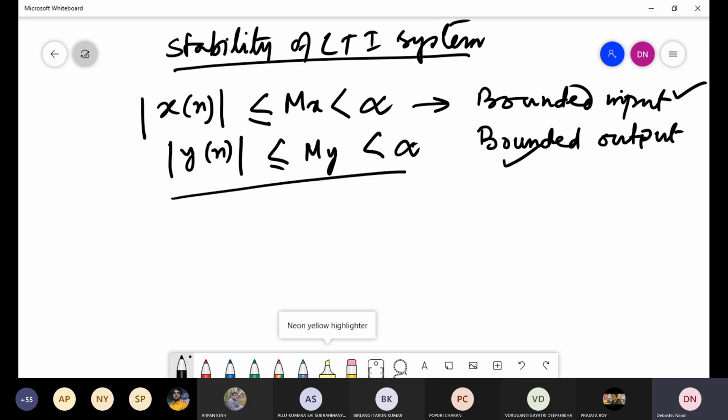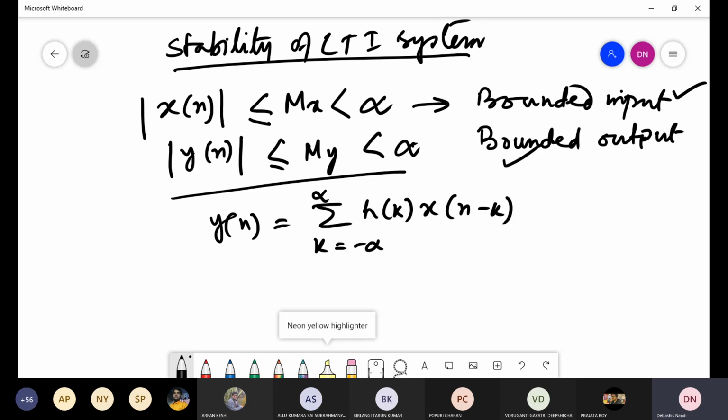Now, based on this criterion, I want to find out the stability criterion for the LTI system. For an LTI system, we know that y of n is equal to summation k equal to minus infinity to plus infinity x of k h of n minus k. I am writing here first h of k x of n minus k. I can write this also, no problem.